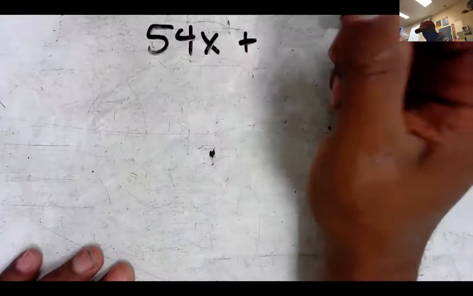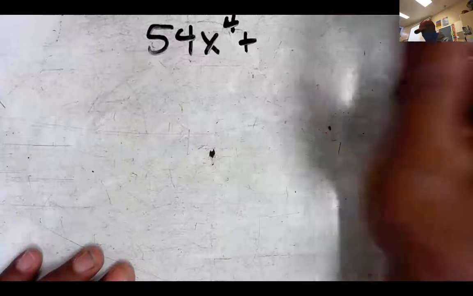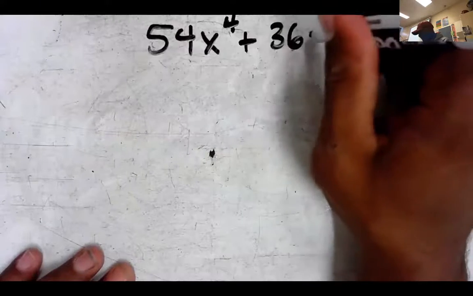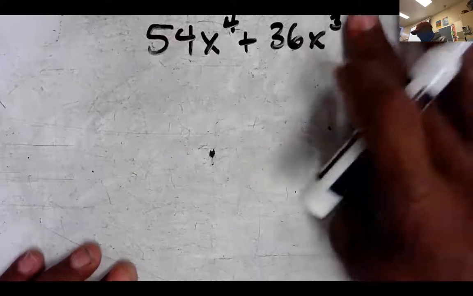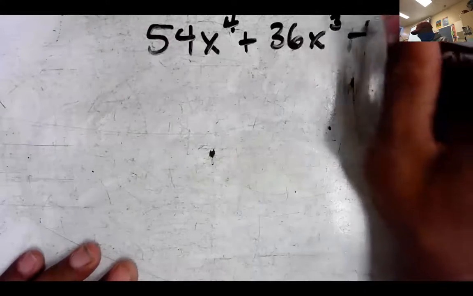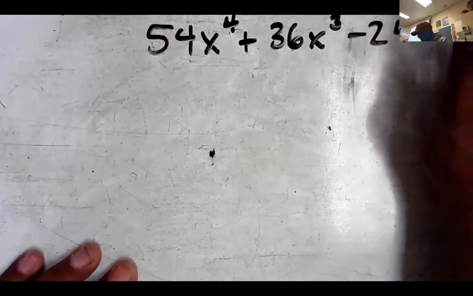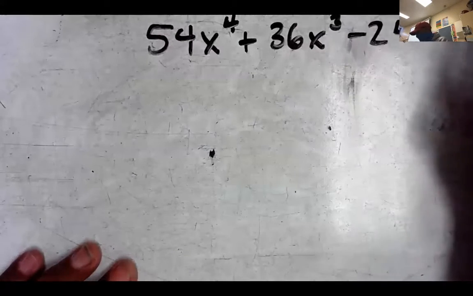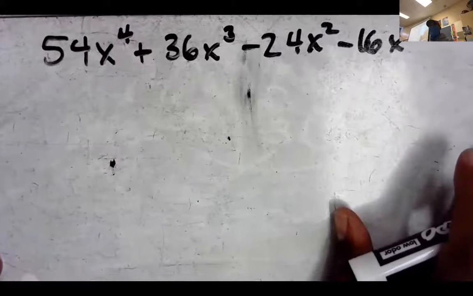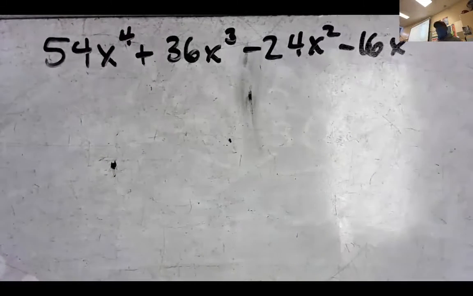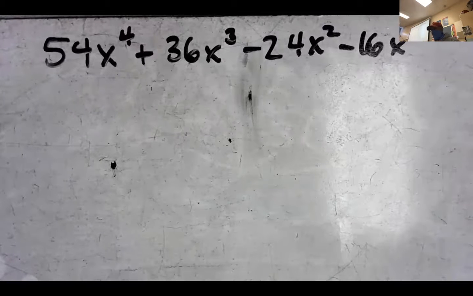I'm actually going to do x to the fourth. 27x to the fourth times x cubed, oh, sorry, minus 24x squared, and then minus 16x. Okay. All right, so first GCF.